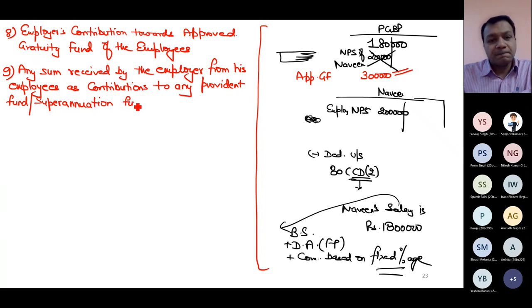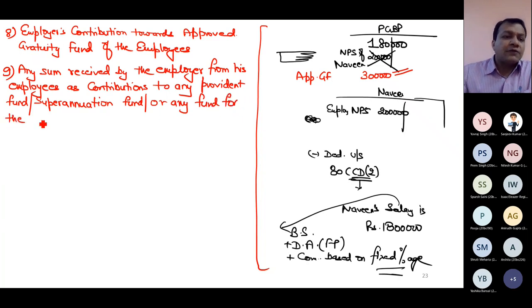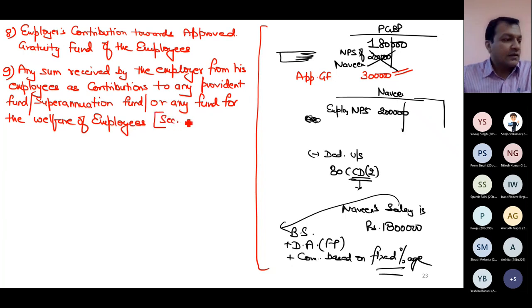Superannuation fund. Or any fund for the welfare of the employees. I will write the sub-section and clause also. Section 36(1)(va)... Section 36, 1 clause 5A.